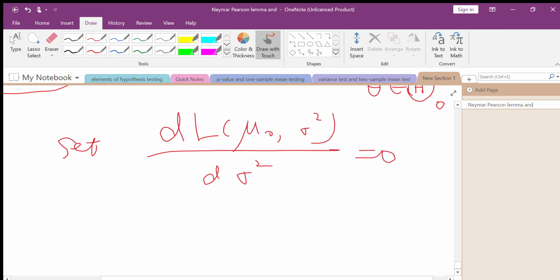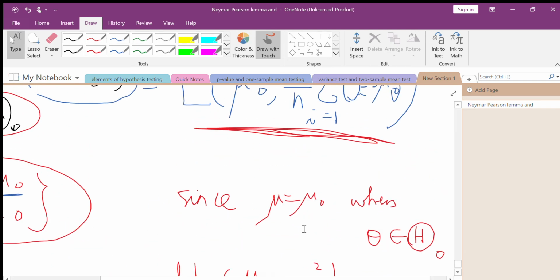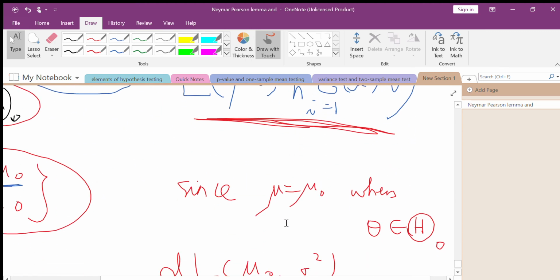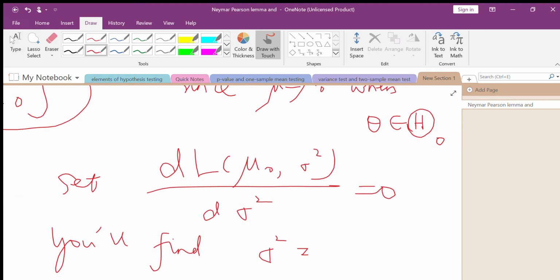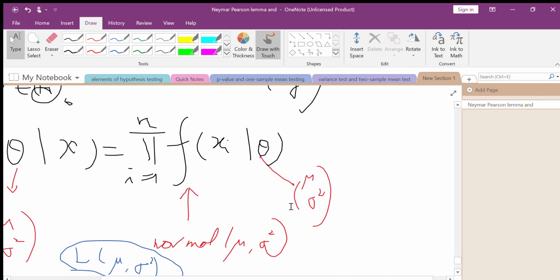You will find sigma squared equals 1 over n, sum from i equals 1 to n of (x_i minus mu_0) squared. Not y, sorry, x_i here.